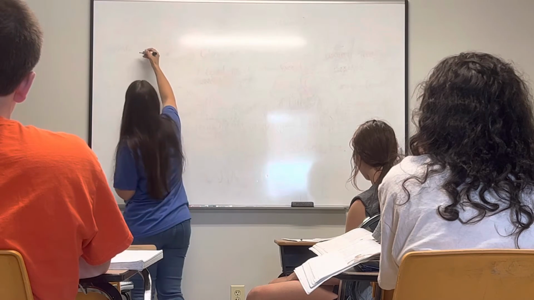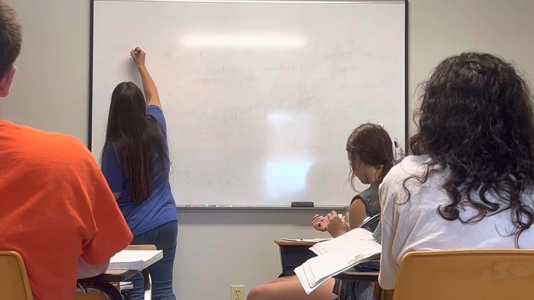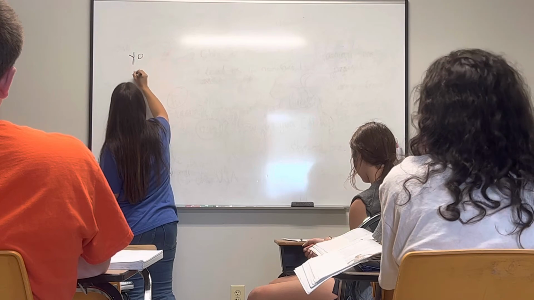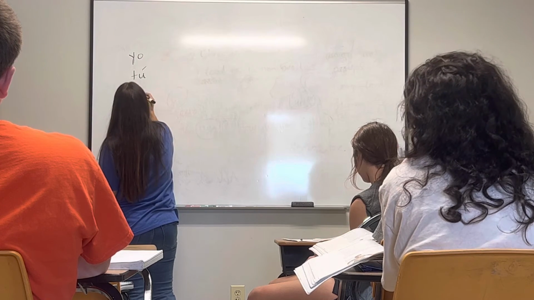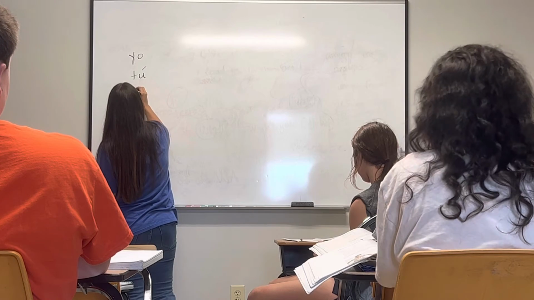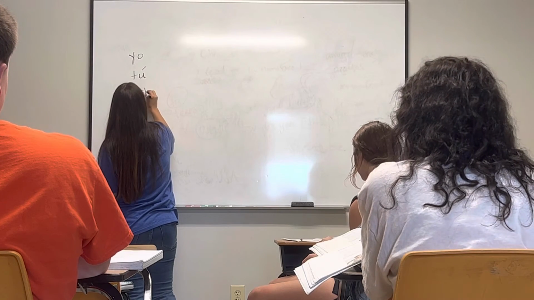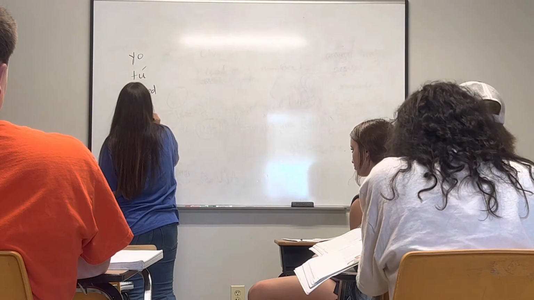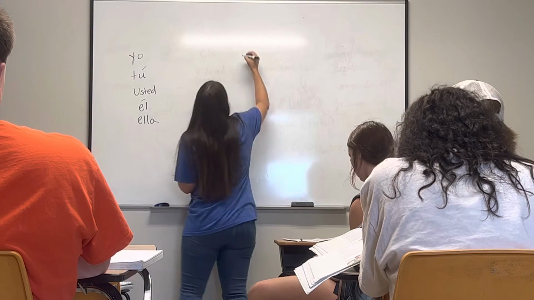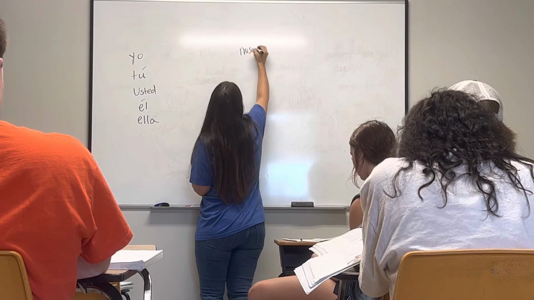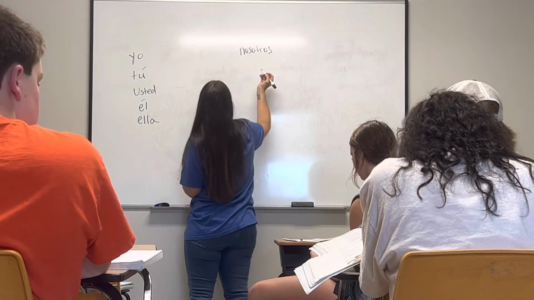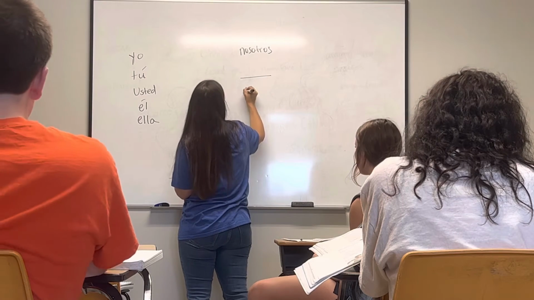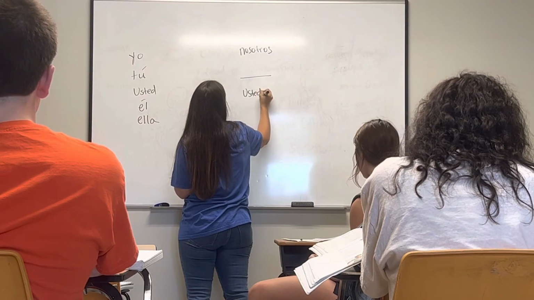We always learn Spanish pronouns in this little chart because it's going to help you with your verb conjugation. There's a middle one that we don't learn because it's just in Spain.